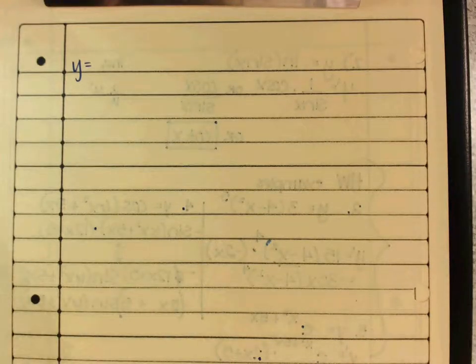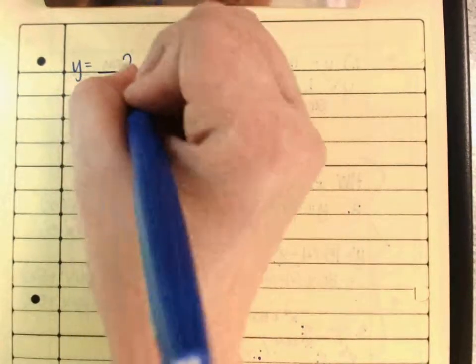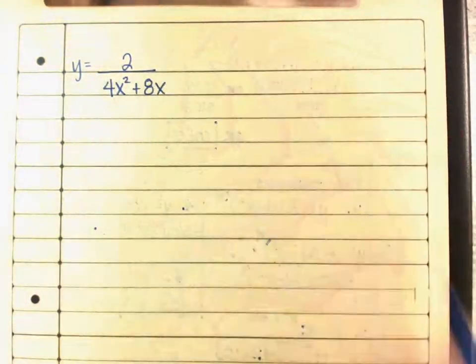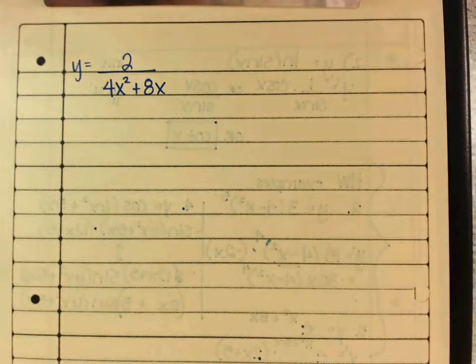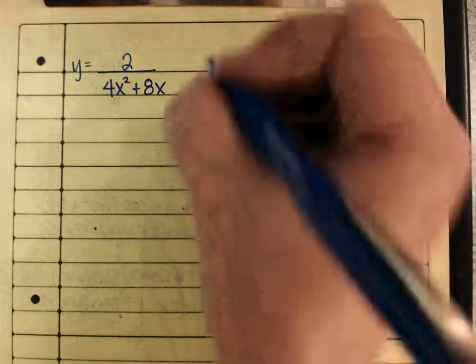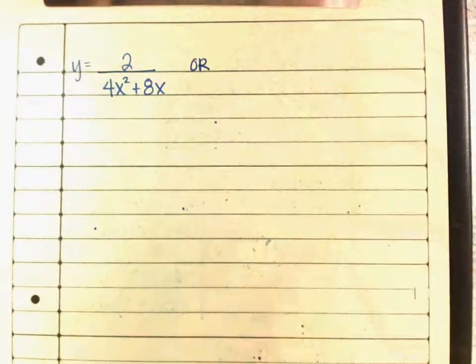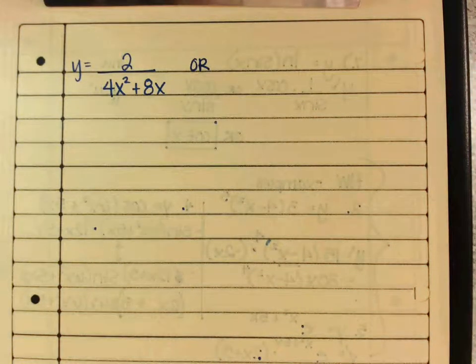It's going to be 2 over 4x squared plus 8x. Okay, I want you to rewrite it. Think about it for a second before I do it. Your 4x squared plus 8x is on the bottom, but there's not a power written.